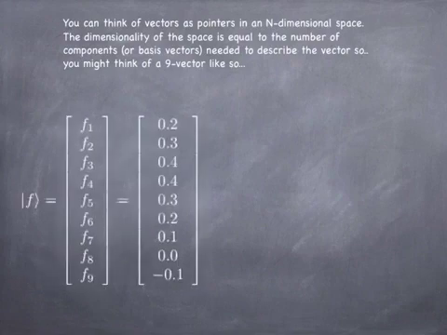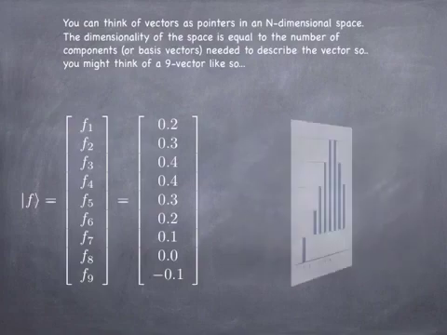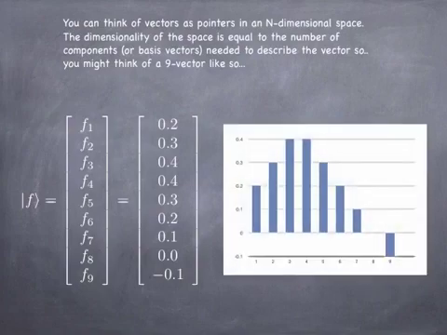For example, you can imagine a 9-vector, which has 9 components. And we could imagine thinking about that 9-vector in terms of a graph that gives you the value of each component. Notice that the f1 component is 0.2, the f2 component is 0.3, and so on, but that forms a kind of graph.